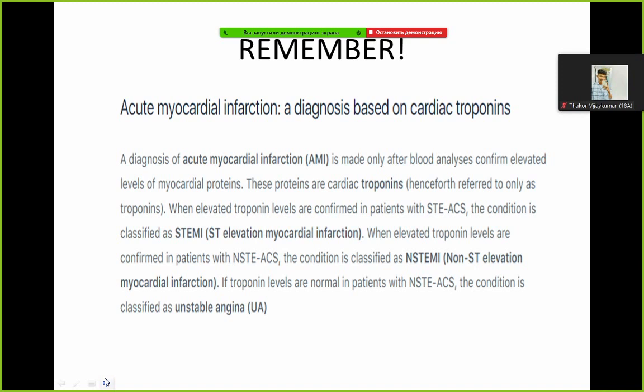Remember that acute myocardial infarction is a diagnosis based on cardiac troponins. To differentiate non-STEMI from an attack of angina pectoris or unstable angina, we need the assessment of cardiac troponins. If cardiac troponins are elevated in a patient with ST segment depression, the diagnosis will be non-STEMI. If the troponin level is normal in a patient with ST segment depression and negative T, it will be unstable angina.